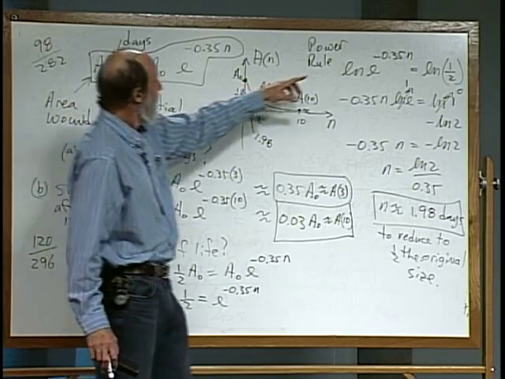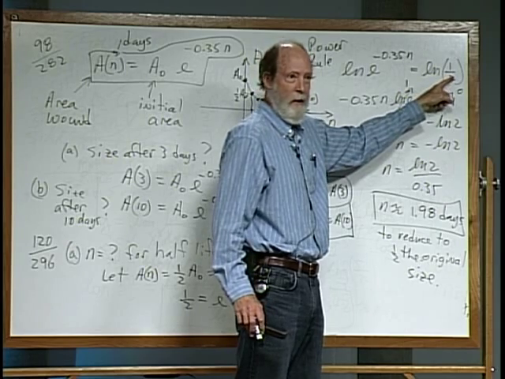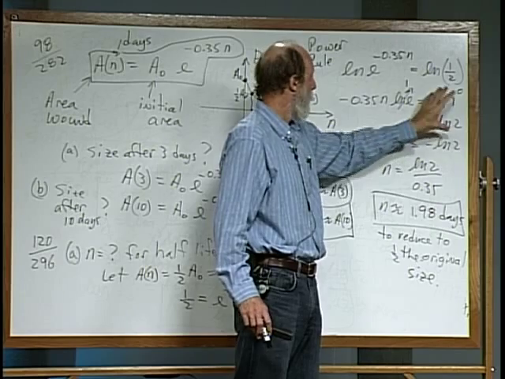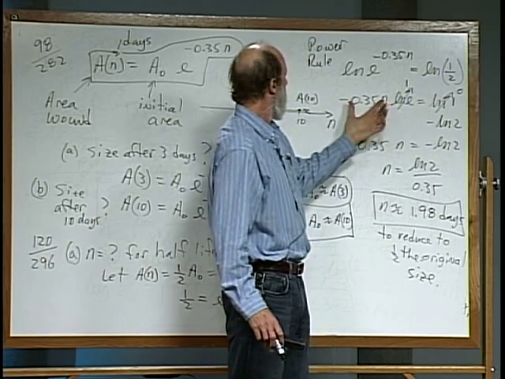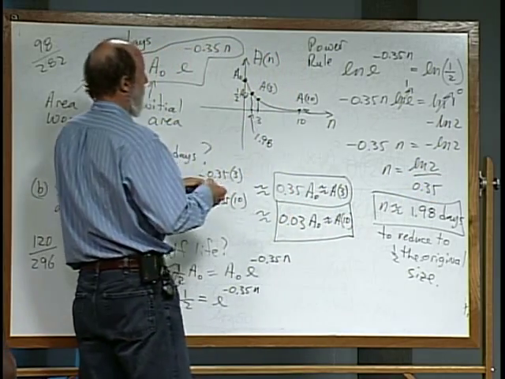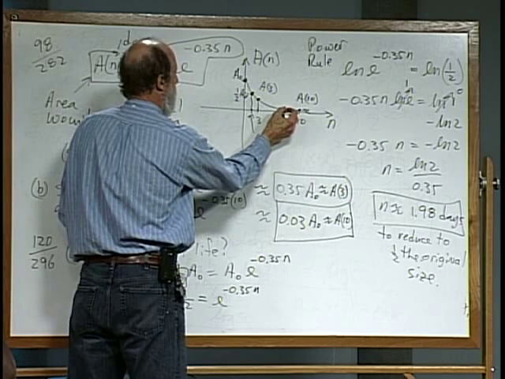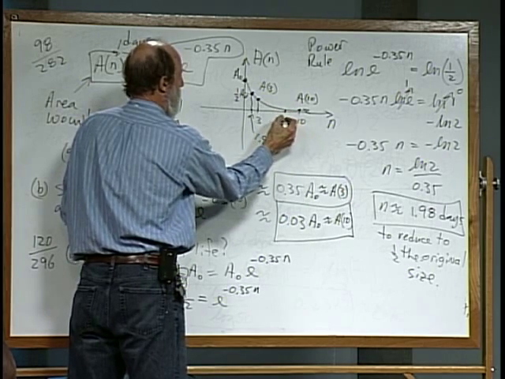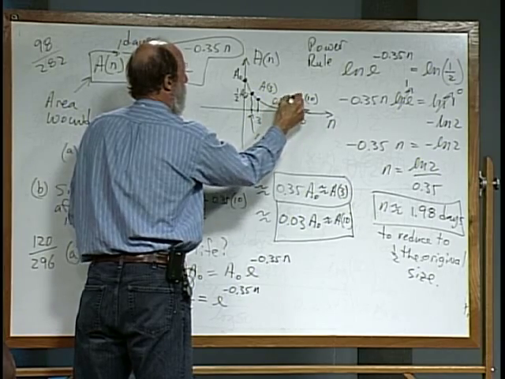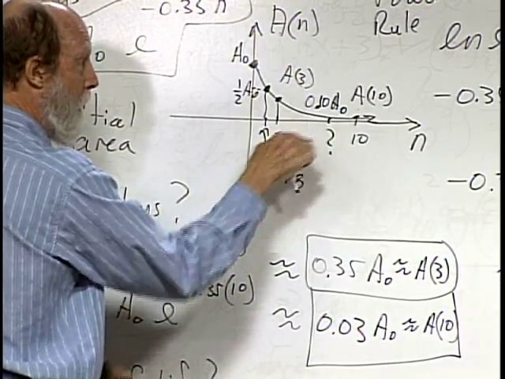Instead of this being a half, 50%, it would be 0.1 right there. So it'd be the natural log of 0.1 divided by negative 0.35, and you get your answer. And this thing was down to 3% here, so 10% is going to be right in here somewhere. So this would be about 10% of the original amount, and it'd be some value of time in days right there.